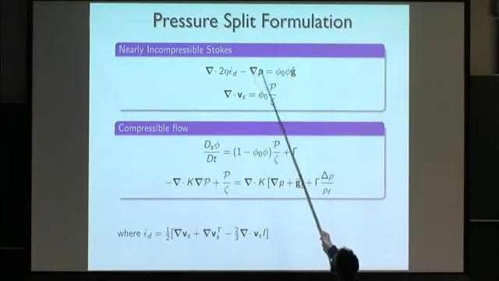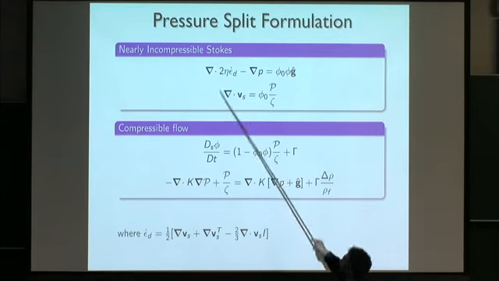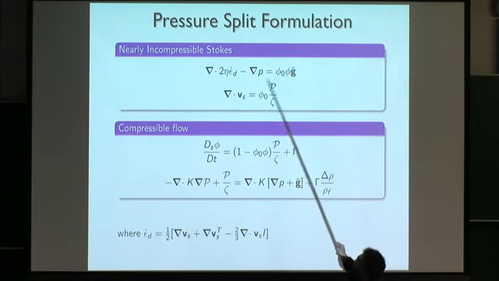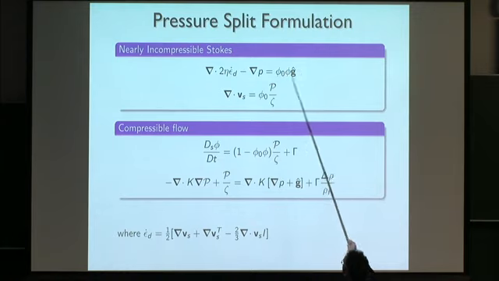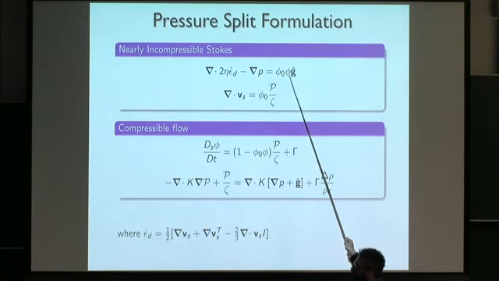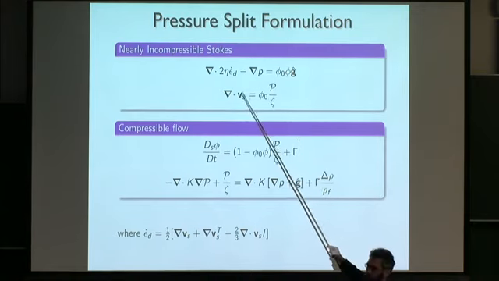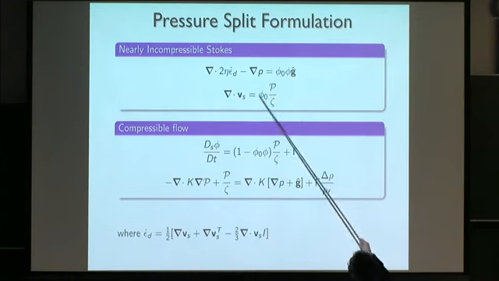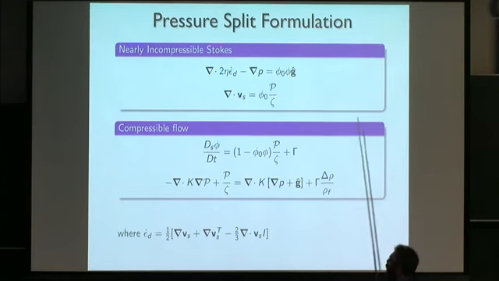The left-hand side looks like a Stokes problem, where the porosity is acting as a body force, a buoyancy term, and this pressure here, remember this really is div V, drives volumetric flow. But you notice those are both of order phi naught, and that's going to be convenient.